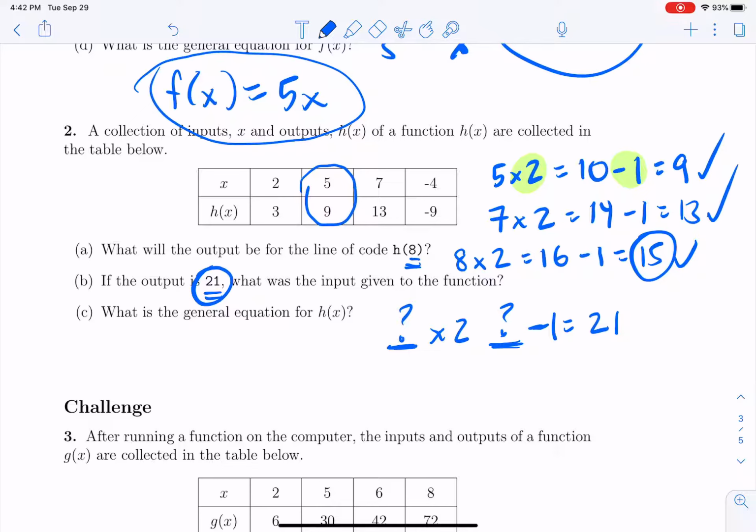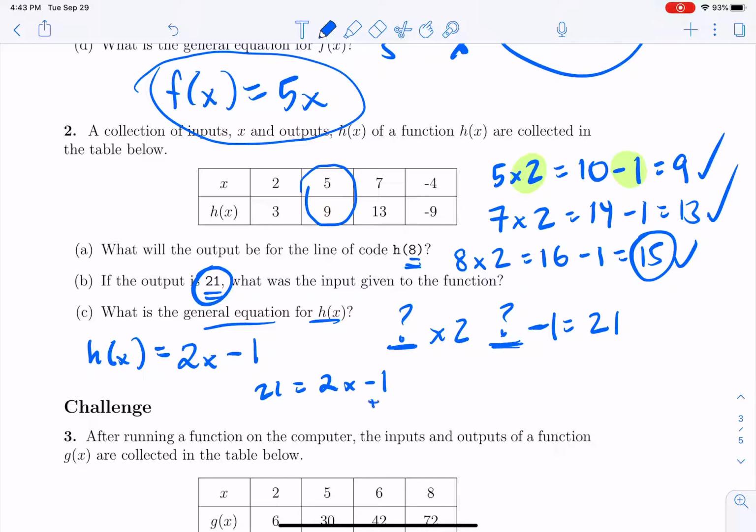Now I could either do this in my head, or what I could do is go ahead and write my general equation for h of x. So h of x here is the same as 2 times my input, or 2x minus 1. Okay, so using this general equation then, I'm going to say that 21 is equal to 2x minus 1.